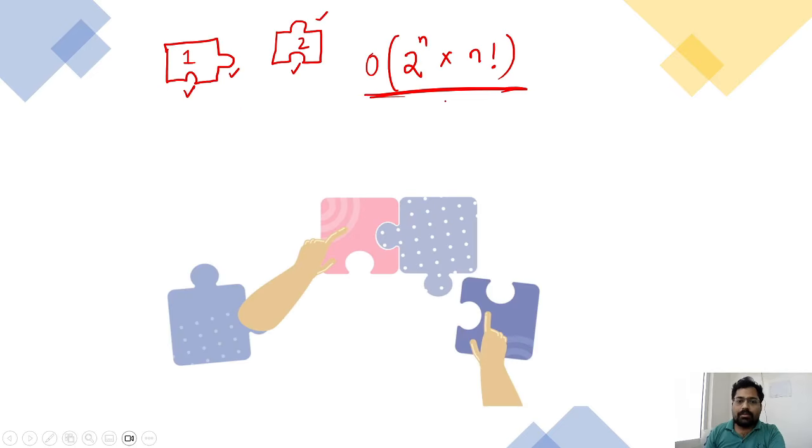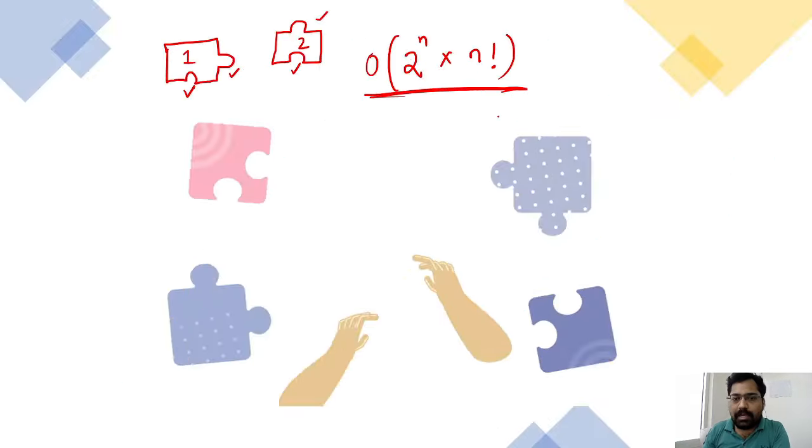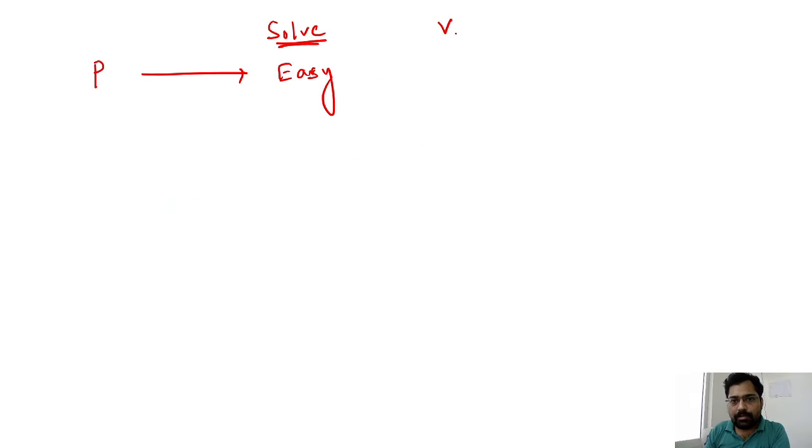Okay, so to make it more clear, as I have said earlier, P and NP, I'm just writing it again. P for solution: whenever we are solving, it is easy for us, easy to solve. And whenever we are saying verification, also it is easy.